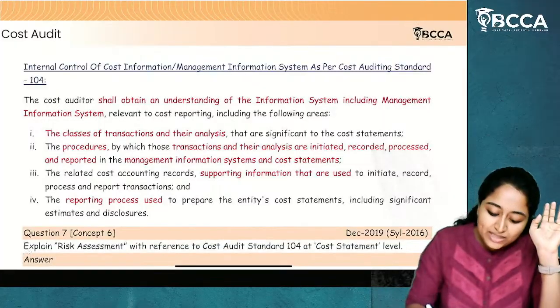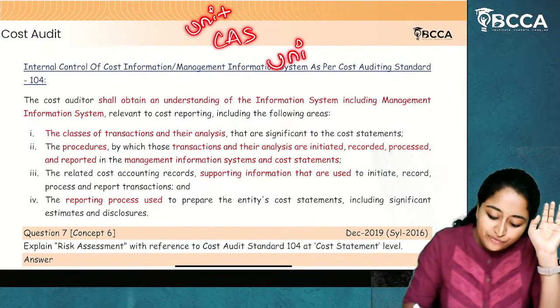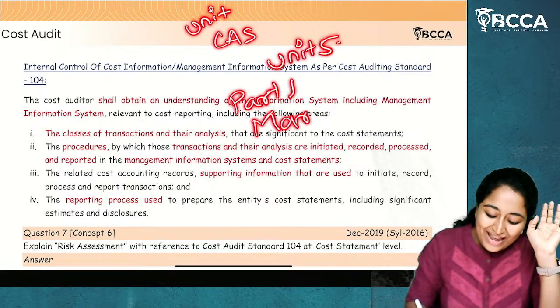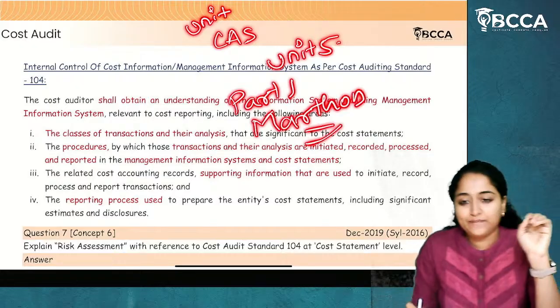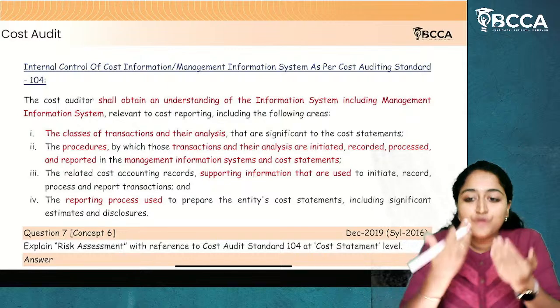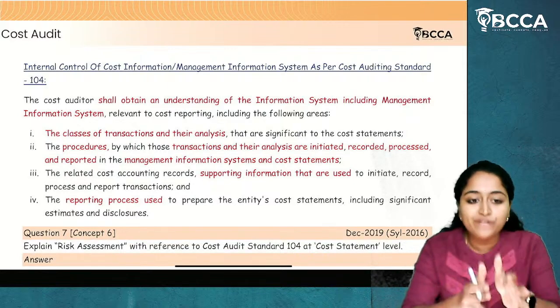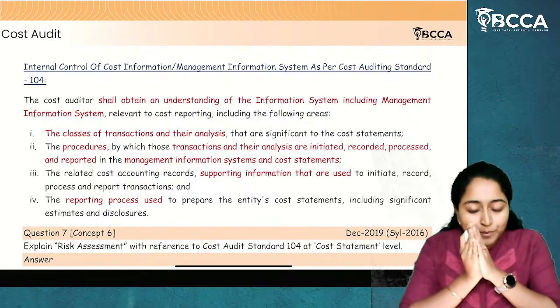For the entire CAS, which is unit 4, and the entire unit 5, you will depend upon the part 1 marathon for enough conceptual clarity. And in this session, I have given you how you have to prepare it and how questions will be framed in the examination from unit 4 and unit 5. I hope it is clear.